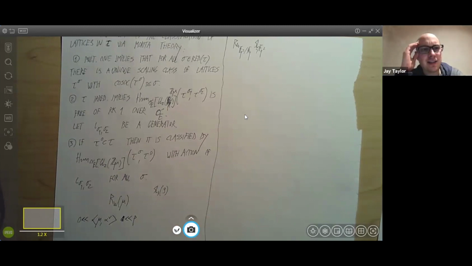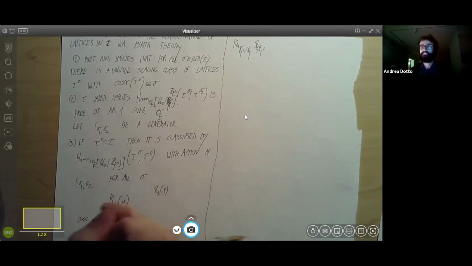So can I actually just ask, you were talking about GL2 over QP. You're looking for something which is non-split at the infinite places, like how many? In this case, I was looking for something non-split at infinite places just to simplify the discussion. Are there many of these things?